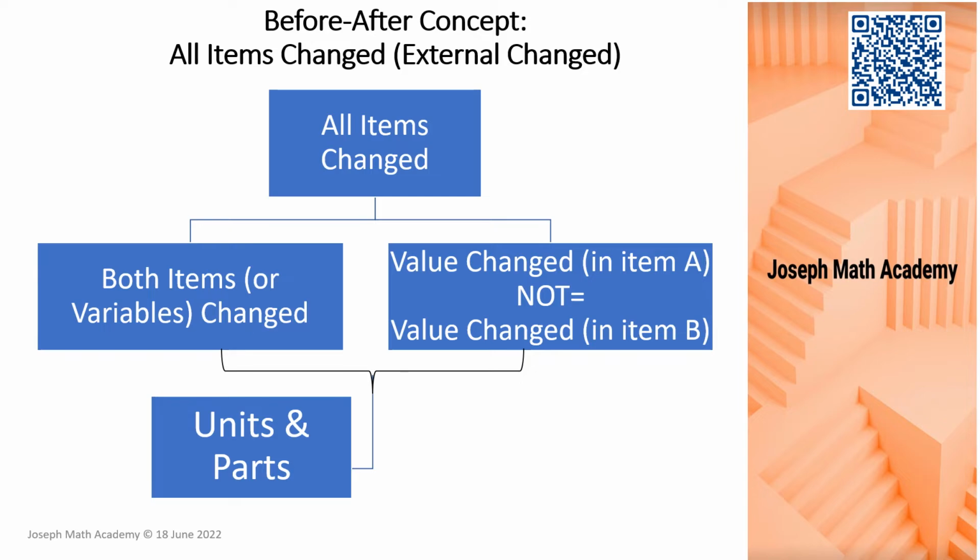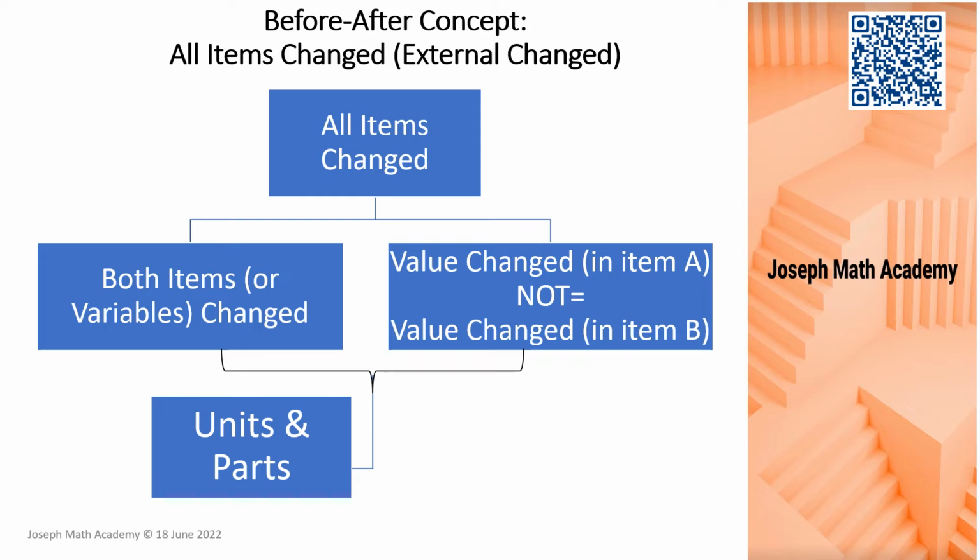Now, all items changed, also known as external changed, involves something very abstract. In all items changed, the 2 items in the ratio or in the question, the changes that take place from before to after, the value that changed, are not equal to each other.